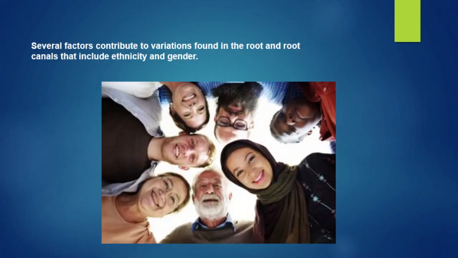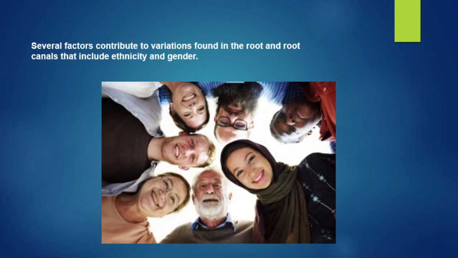All right, now the roles of genetics and gender should also not be underestimated in determining anatomic variation of human teeth. Scott and Turner, in their anthropological review, showed that the possibility of having an accessory root of the first mandibular premolar showed a high incidence of greater than 25% in ethnic Australians and sub-Saharan African populations.